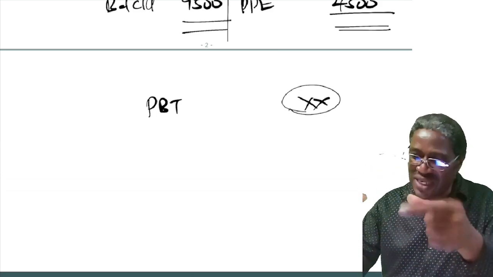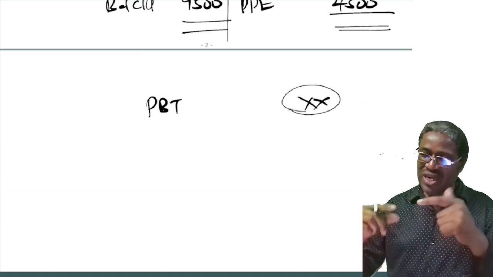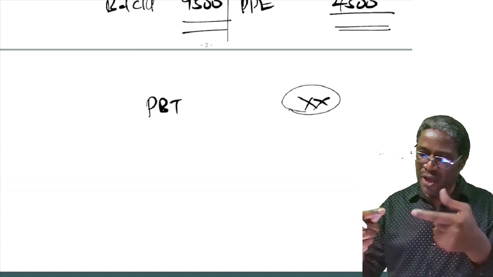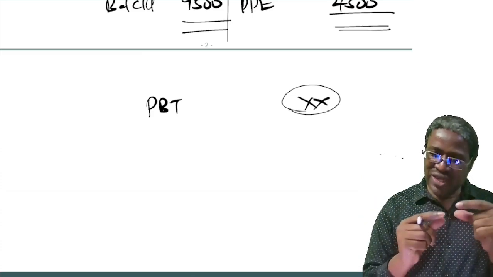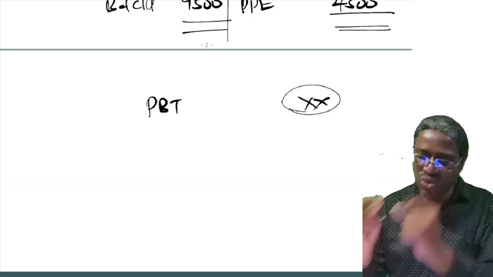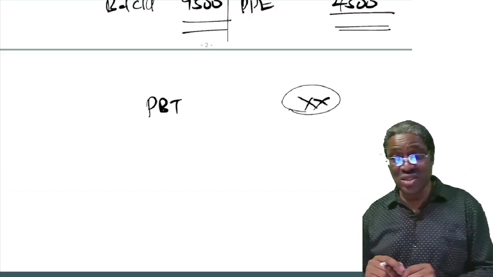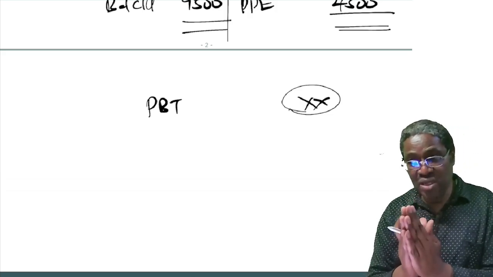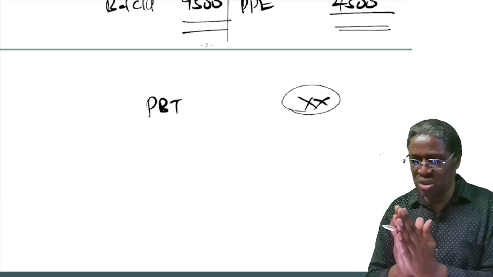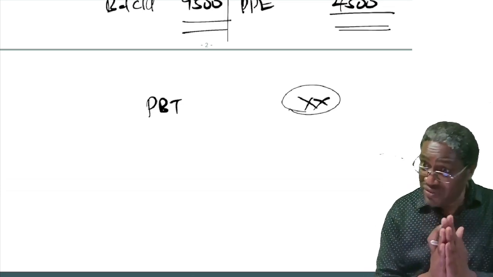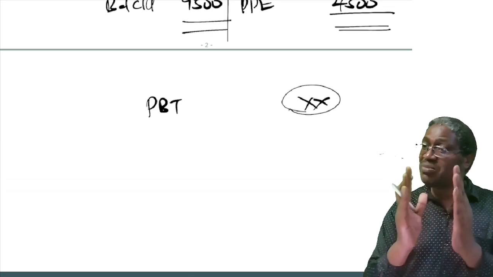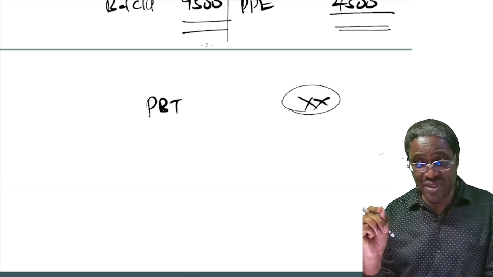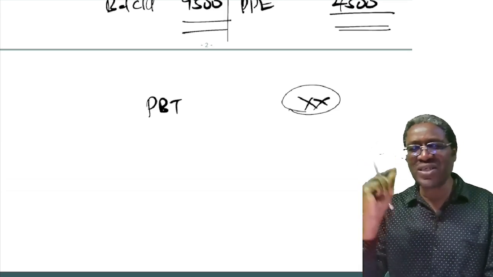Then we adjust it with non-cash items like depreciation, gain on disposal, loss on disposal. But don't tell me that time that there's another one called gain on revaluation, like most students sometimes tell me. We are saying no. Why? As much as it's true, we did not receive the 4.5 in cash. And as much as it's true, it's a non-cash item. The question will be, is it affecting what I am adjusting?